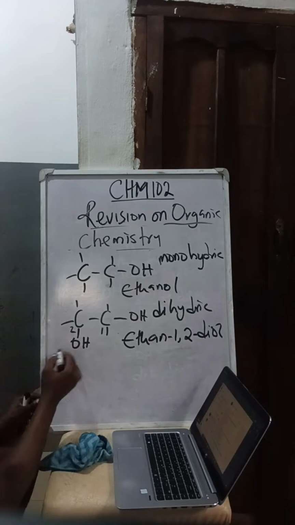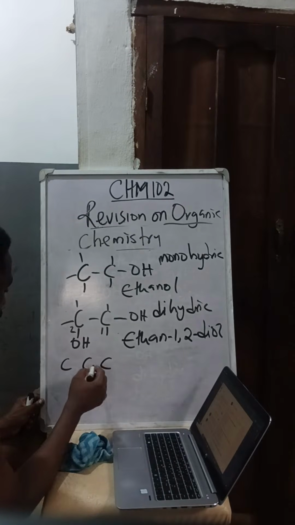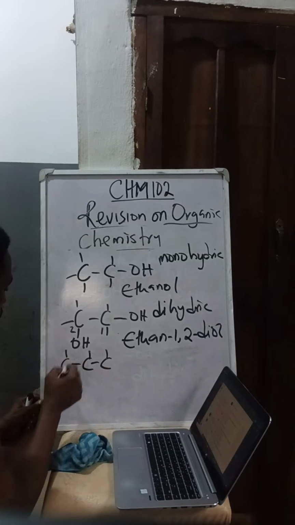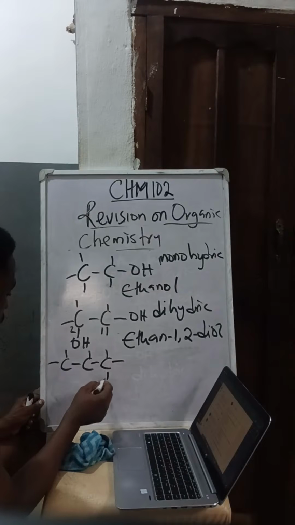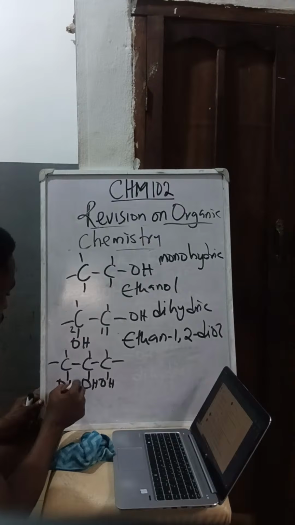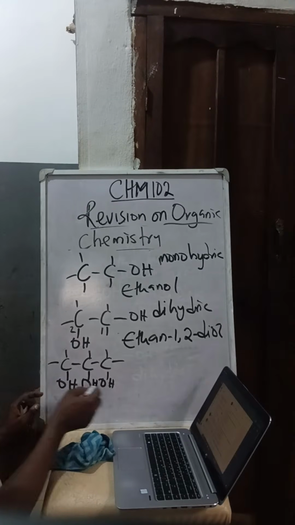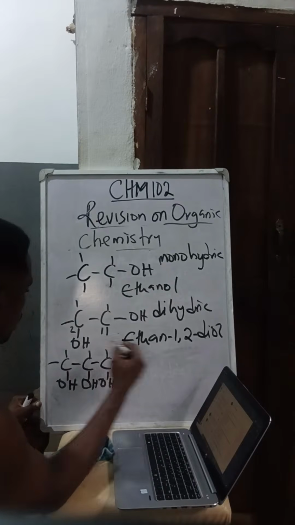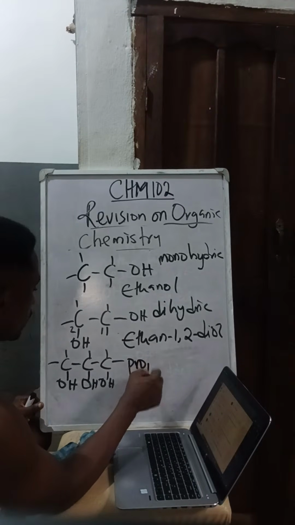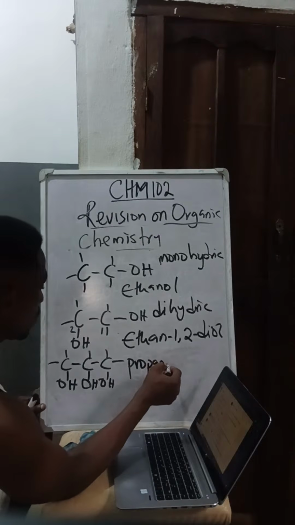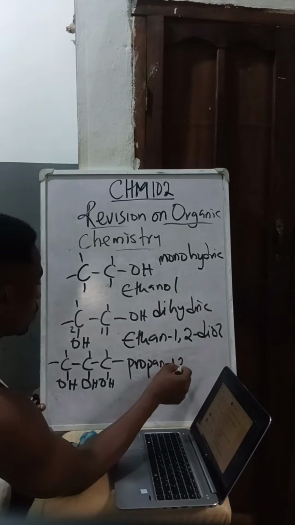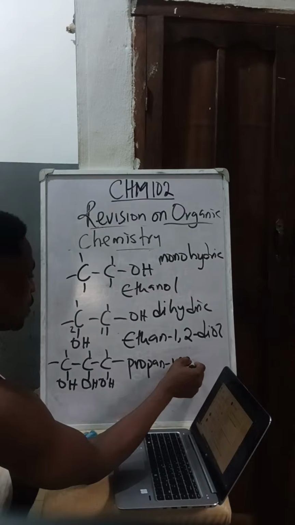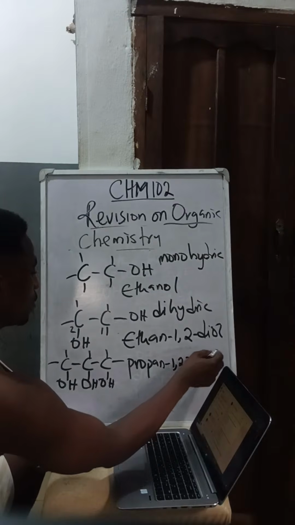Then 1, 2, 3, where we have three OH. We call it propane-1,2,3-triol.